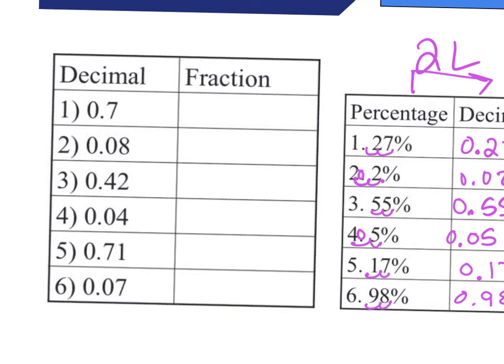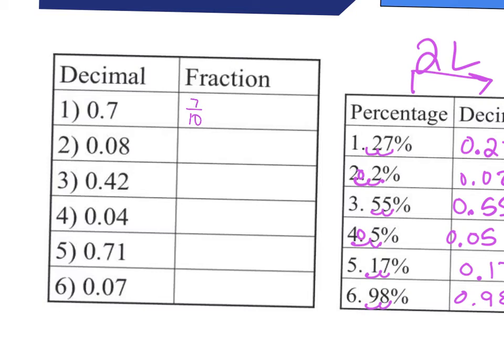Now when we look at the decimals being changed to a fraction, again, you can either remember that it's whatever the numerical word, like whatever the numbers are over the place value that they're in, or if you don't know the place values, just remember that it's going to be over either 10 or 100 or 1,000, etc. So it starts with a 1 in the denominator, and then it's the number of zeros that there are place values. So for this first one, if I read it properly, it's 7/10, which literally is 7/10.